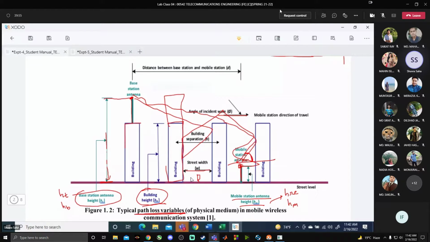So these are the different path loss variables that affect the amount of path loss that we have. But the two most important ones, I have kept for the last. The first is the distance between your base station and mobile station, represented by D. And the second is the frequency of the wave that you are using.